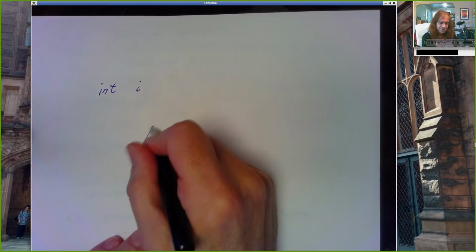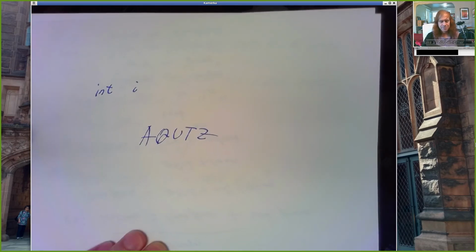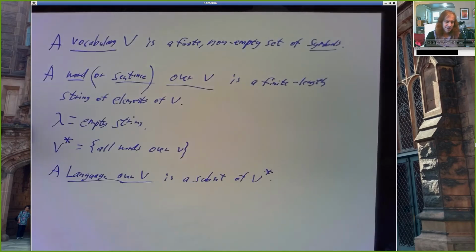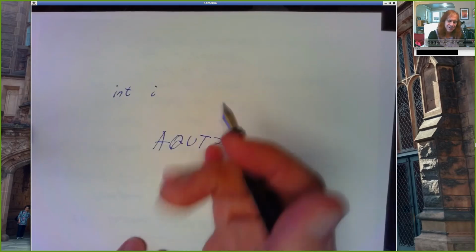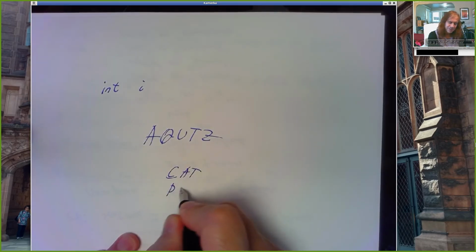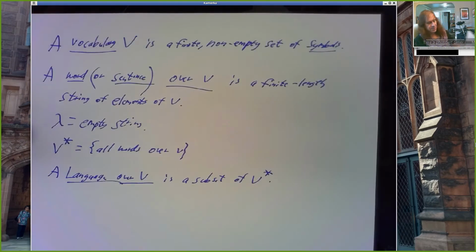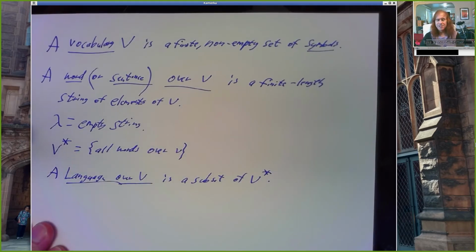So this is a perfectly fine word. A language would be a subset of all of these, and it might include this string and this string and this string. And so the particular subset of words over V that we find in Webster's dictionary might comprise the English language.